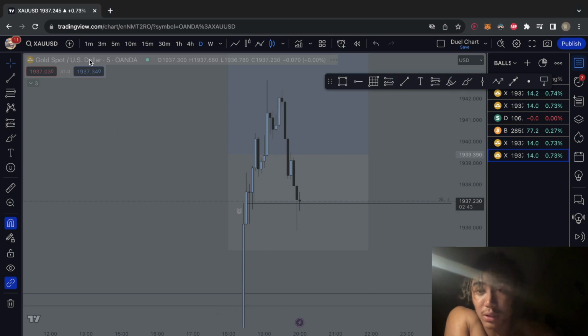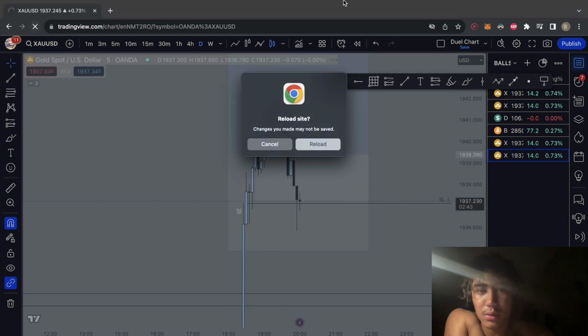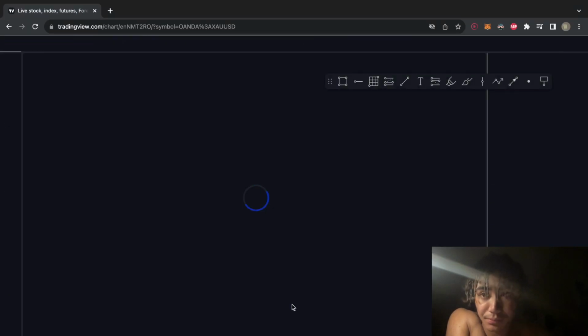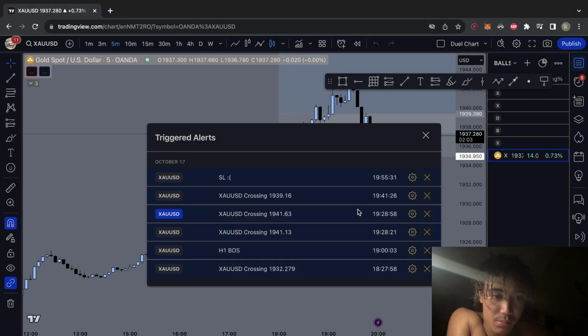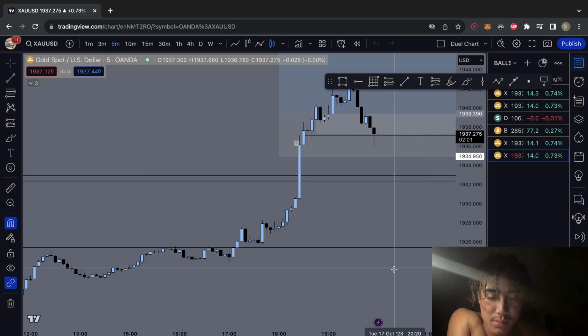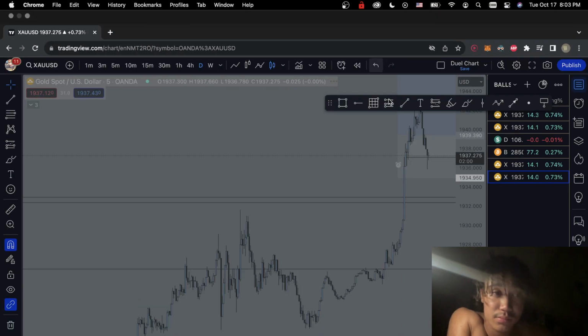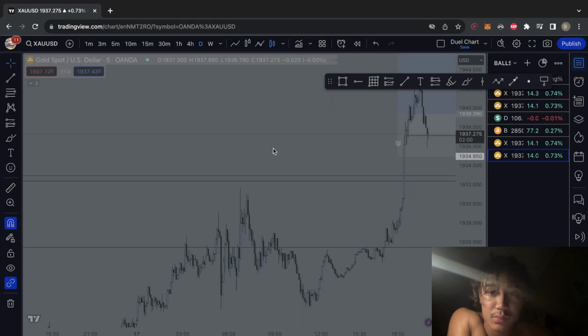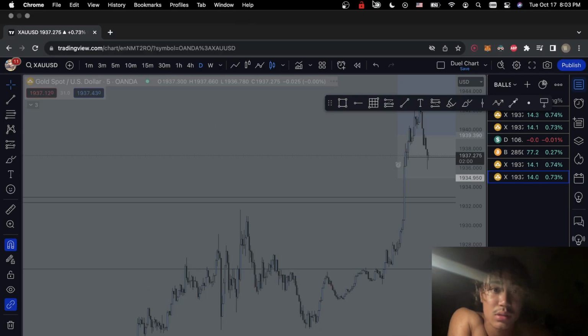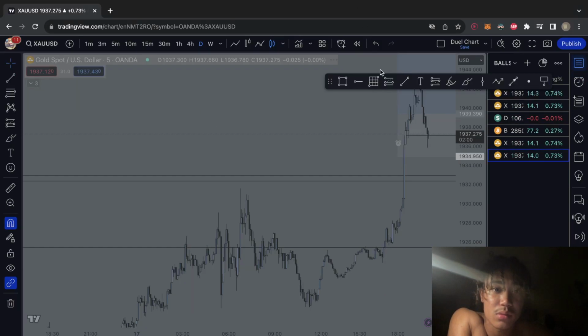Entering on the break of structure. Oh, why is my chart not loading? Yeah. Bingo, bam. This is taking forever. Wow.